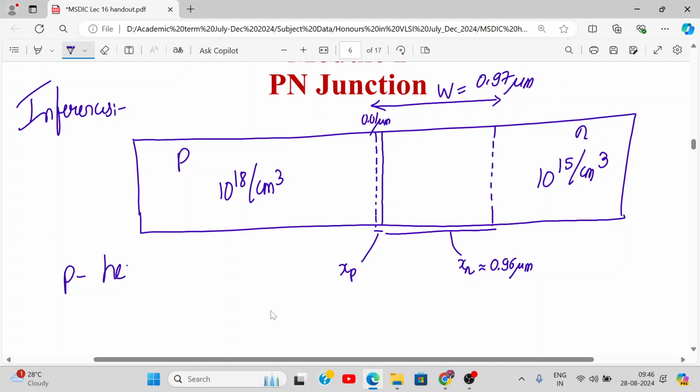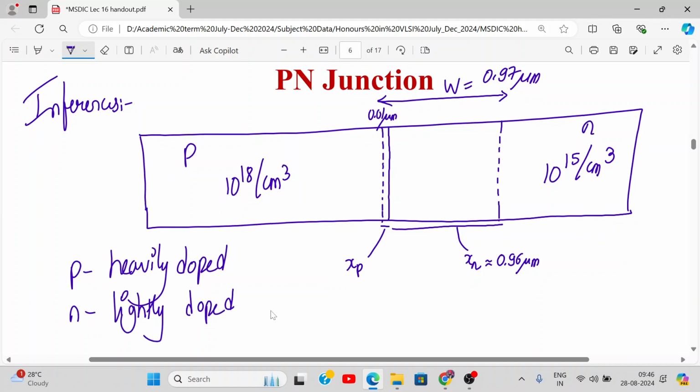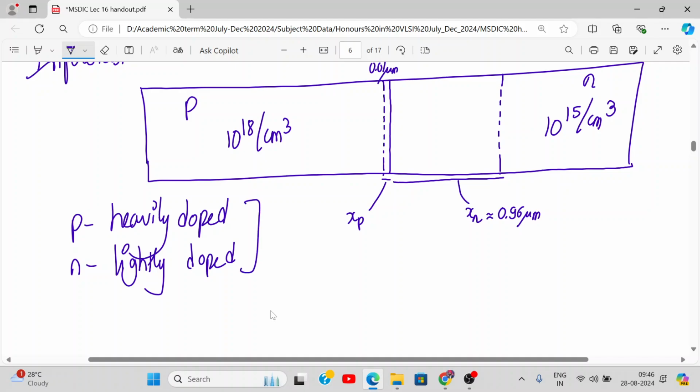So P region is heavily doped and N region is lightly doped. So it's a P plus N junction. It's a PN junction but P plus N junction.